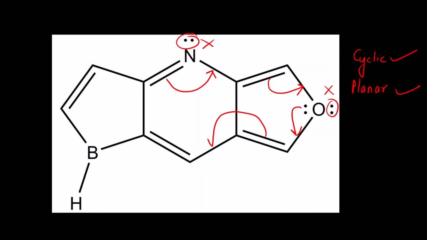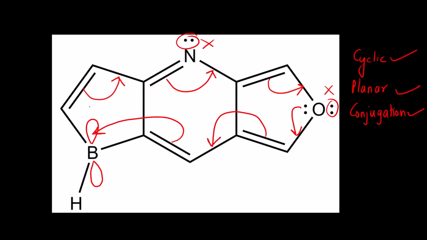Now, is boron sp2 hybridized? Yes, so there will be one vacant p orbital. We saw just now that all atoms of the boron family, group 13, have a vacant p orbital. So these pi electrons can be donated to the vacant p orbital of boron, and this can shift like this. So conjugation is also present.